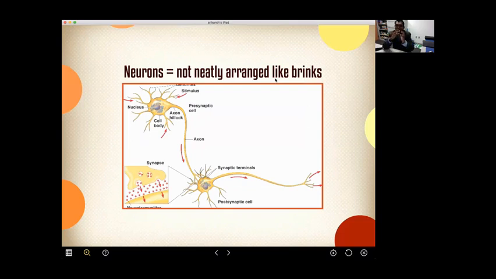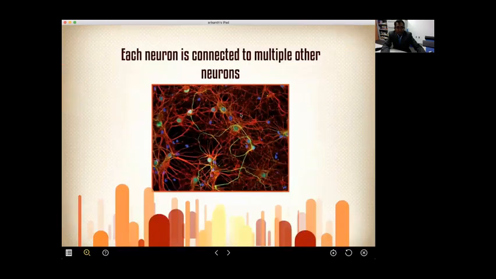There's always a functional space. And this functional space is called synapse. And also these neurons are not connected linearly or horizontally, but they're connected in multiple ways.